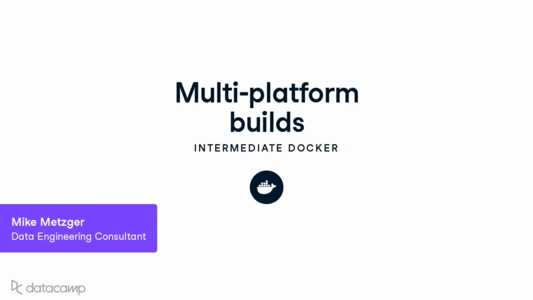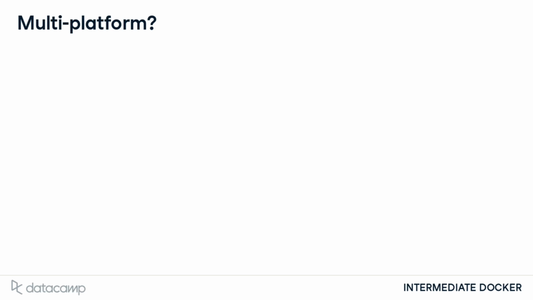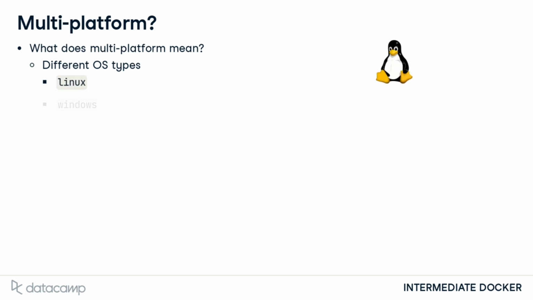Welcome back to our last video in this chapter, multi-platform builds. Our first question may be, what does multi-platform mean? It references two different aspects, an operating system and a CPU type. For different OS types, containerized applications usually use Linux, but could use Windows or macOS.